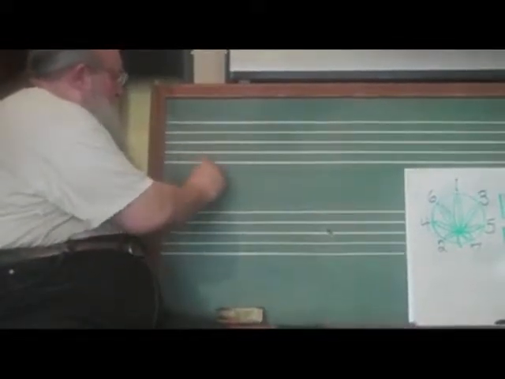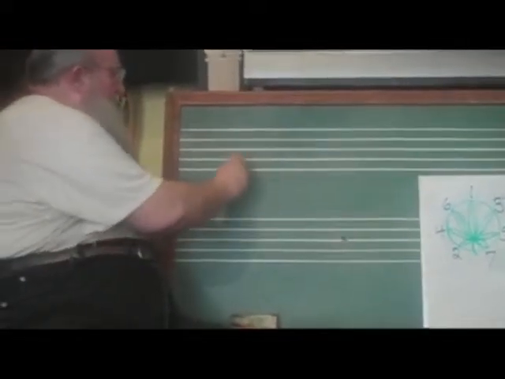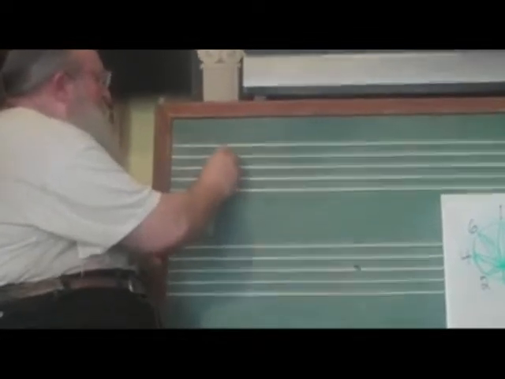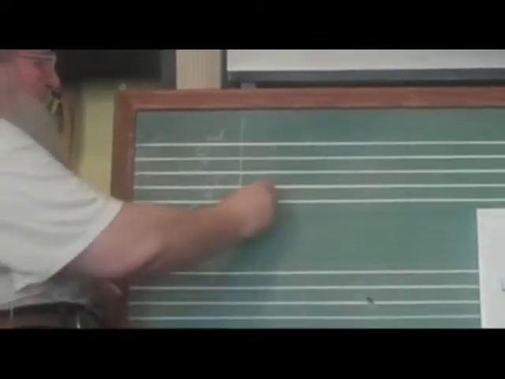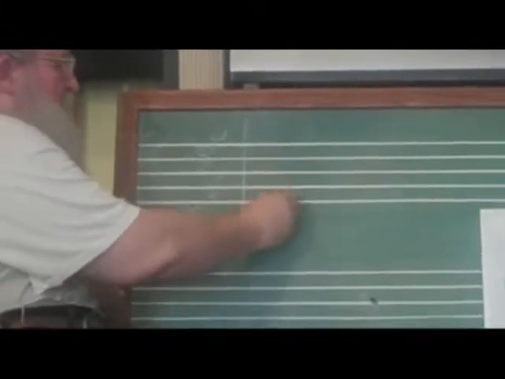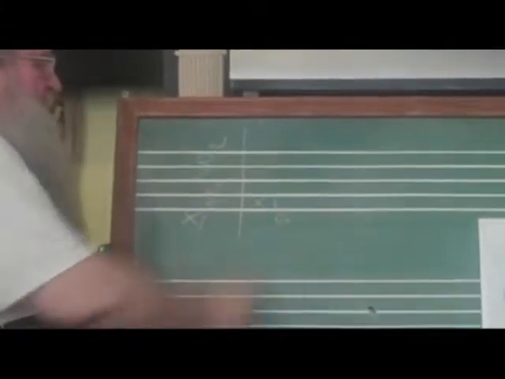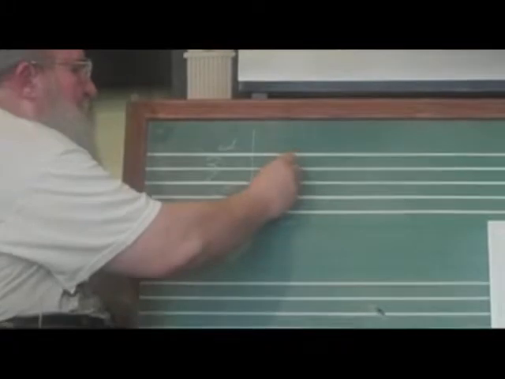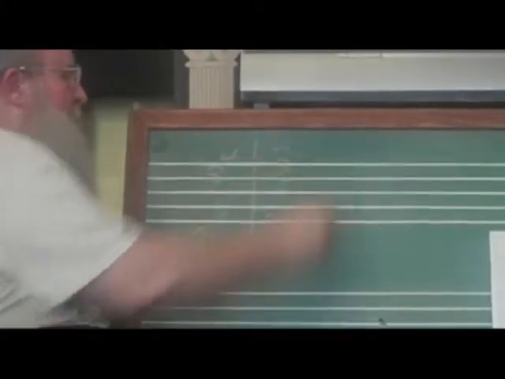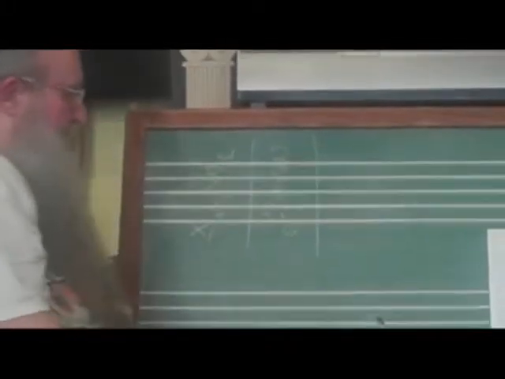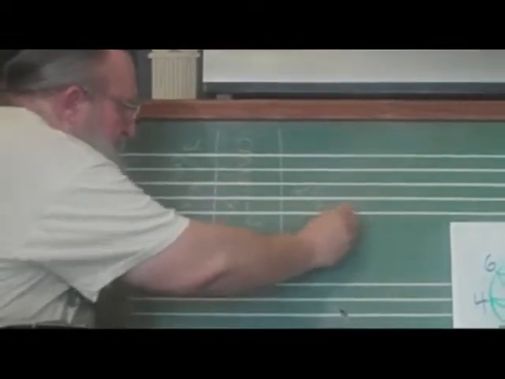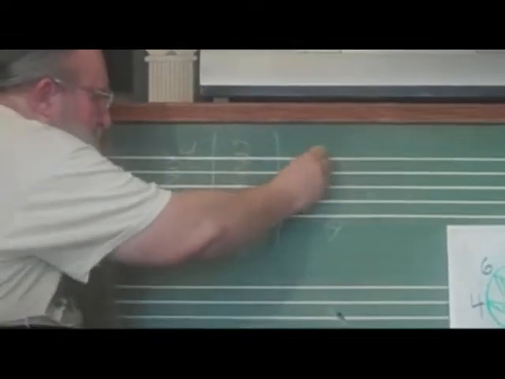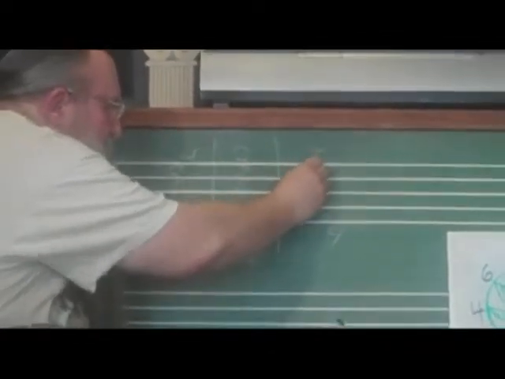If I start below here, and this is 1, 3, 5, 7, 2, 4, etc. If I start with it here, this is 1, going back, 6, going up, 3, 5, 7, 2. If I were to start here, this would be 1, 6, 4, going up, 3, 5, 7.